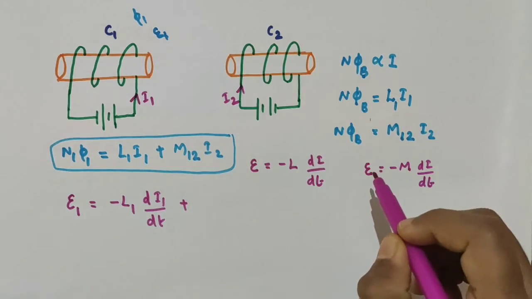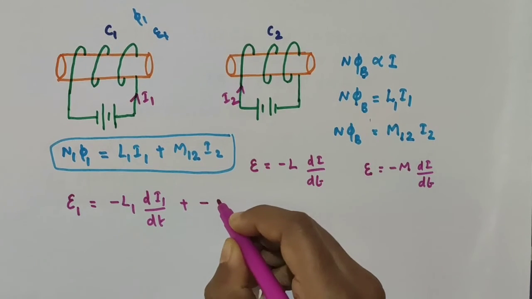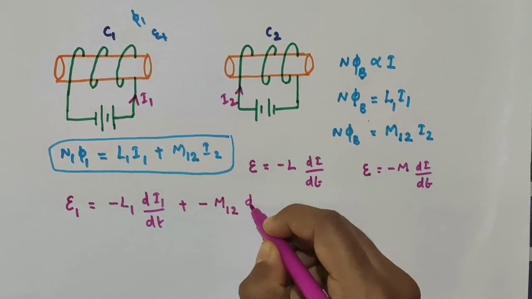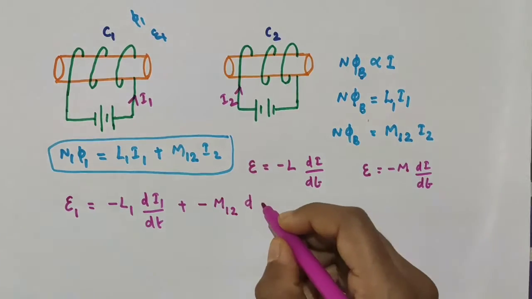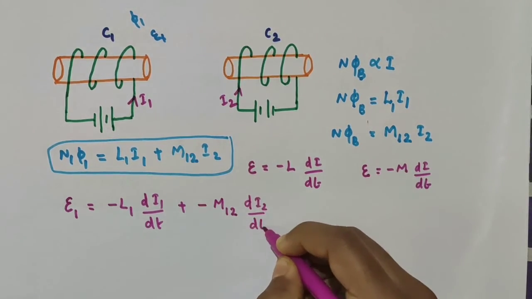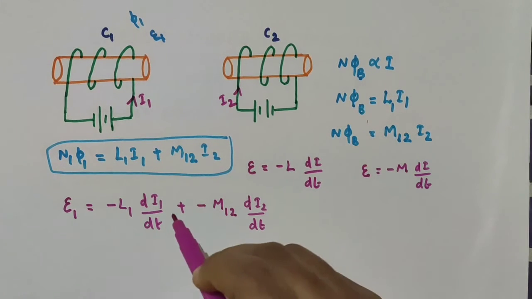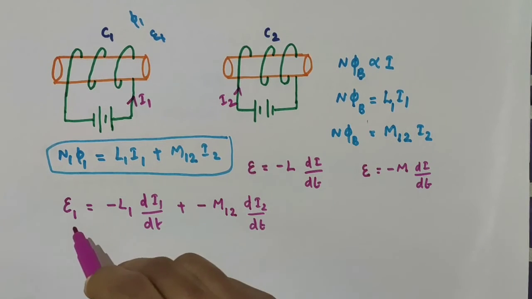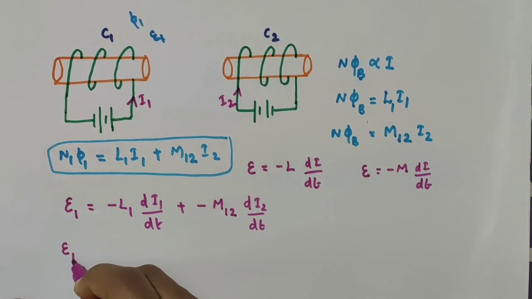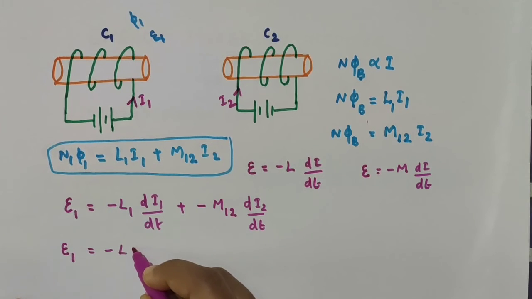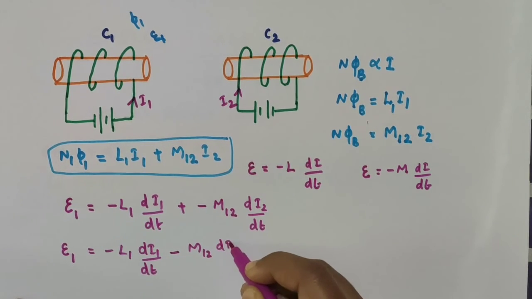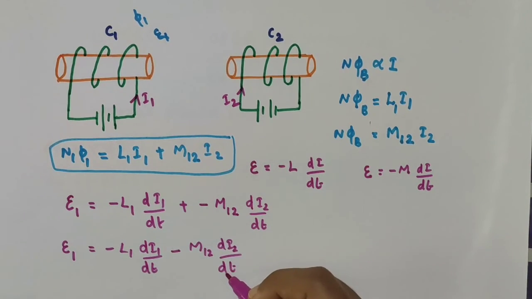That will be minus M, the mutual inductance of coil 1 with respect to coil 2, into the current through that coil I2, so di2 divided by dt. This plus and minus becomes minus. So we can write the EMF induced in the coil C1 as minus L1 di1 divided by dt minus M12 di2 divided by dt.